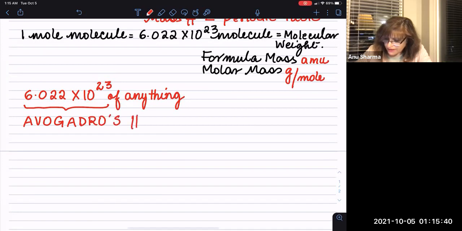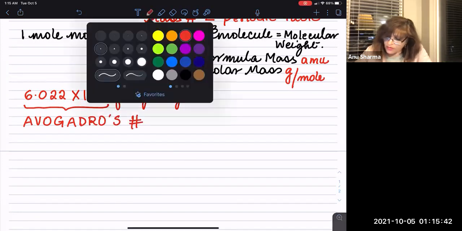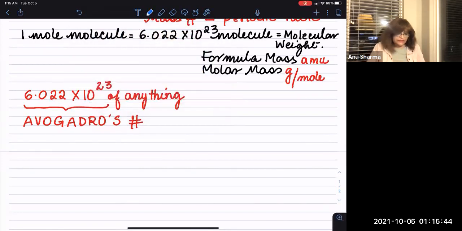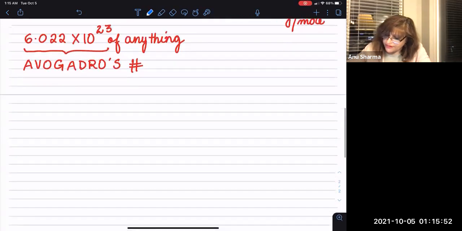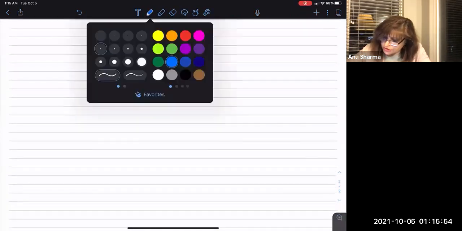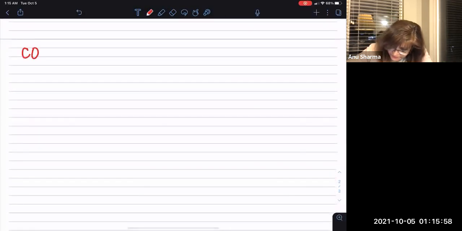Now let's look at this example of Avogadro's number, and we can look at the different conversion factors using this.